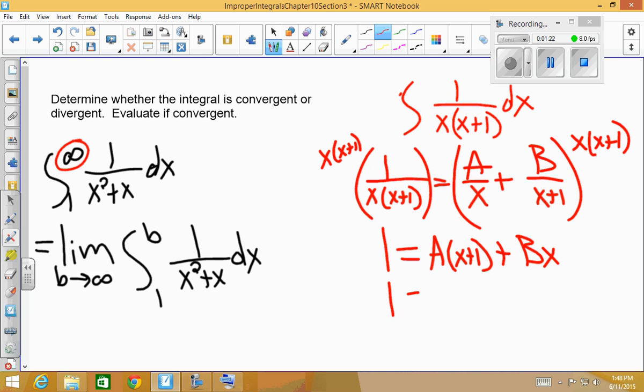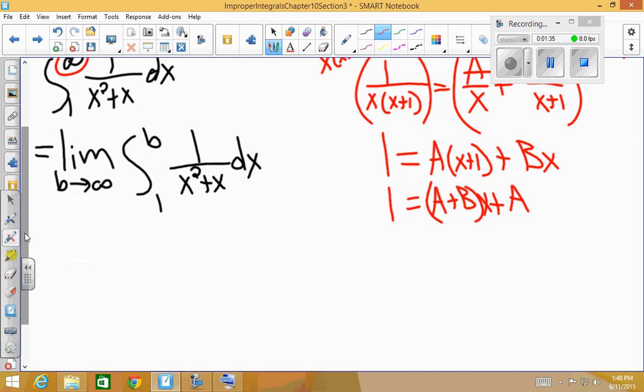Combining like terms on the right, we get A plus B x plus A. Now we equate coefficients. So A plus B has to be 0. A plus B is the coefficient of the x on this side. The coefficient of the x on this side is 0 because there isn't an x term.